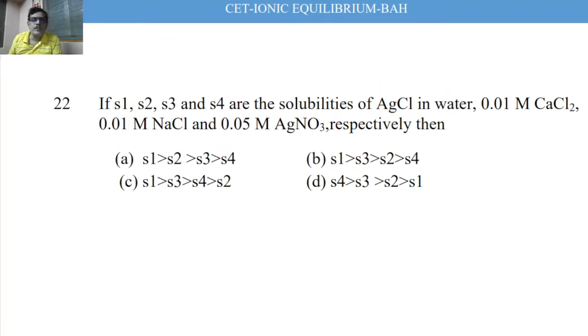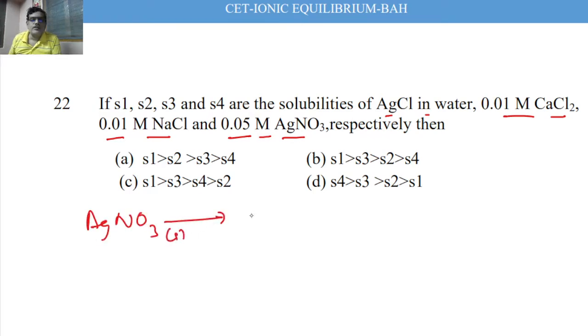S1, S2, S3, S4 are the solubilities of AgCl in water, 0.01 molar calcium chloride, 0.01 molar NaCl and 0.05 molar silver nitrate respectively. See here, you have to apply Le Chatelier's principle and then discuss the answers. Silver nitrate dissolved in water, AgNO3 in water.